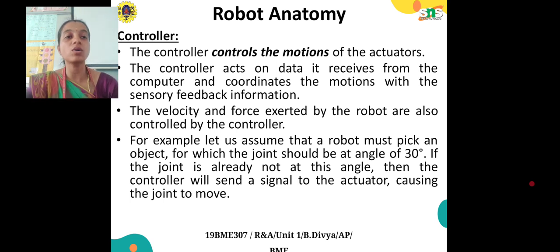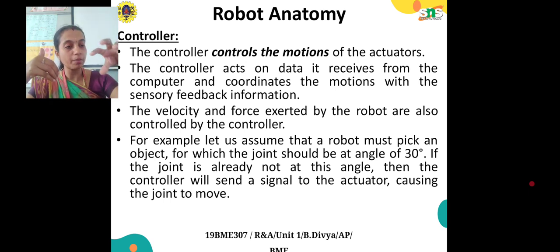The controller acts on data it receives from the computer and coordinates the motion with the sensory feedback information. The sensors will be incorporated with the robot wrist or the actuators.